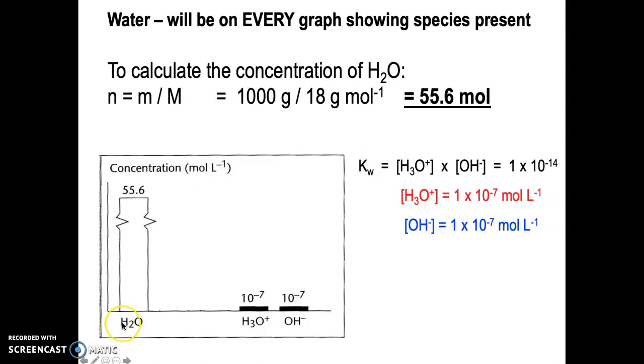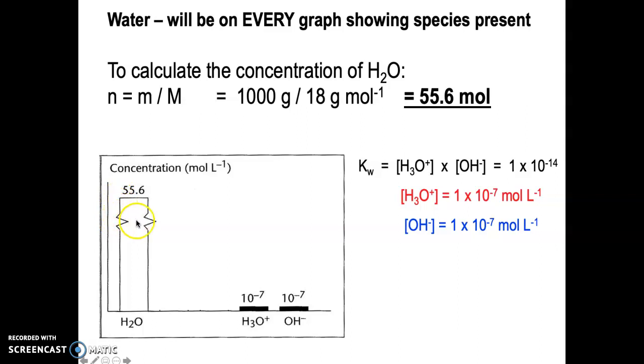Now, you're going to be looking at a few of these graphical representations over the next few videos. You're now going to understand why it is that water is always the first bar on the bar graph, and why it's 55.6 here, although it's not required for you to write 55.6 if you're asked to draw the graph.